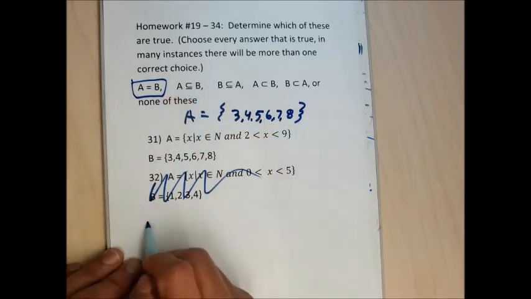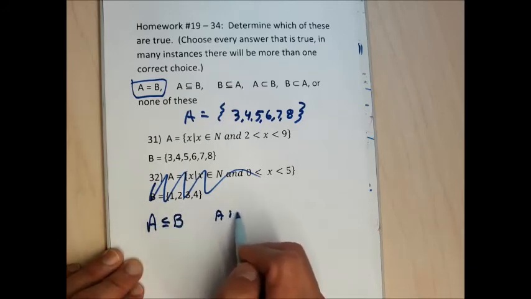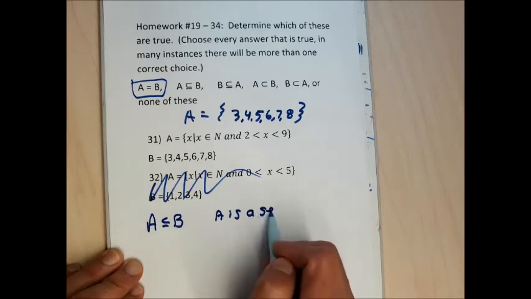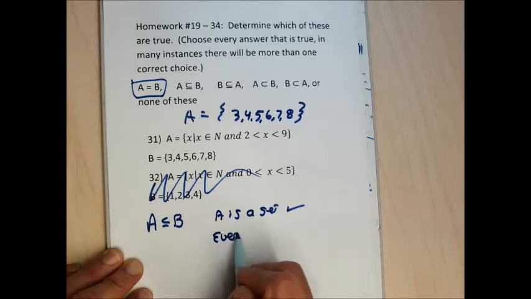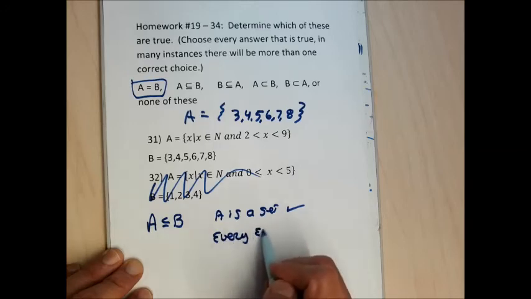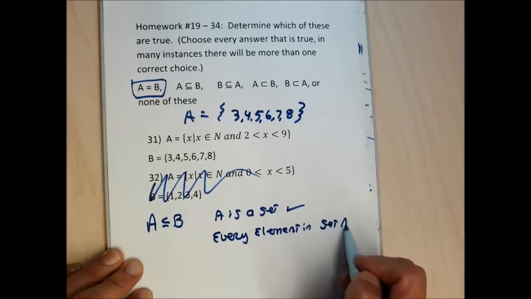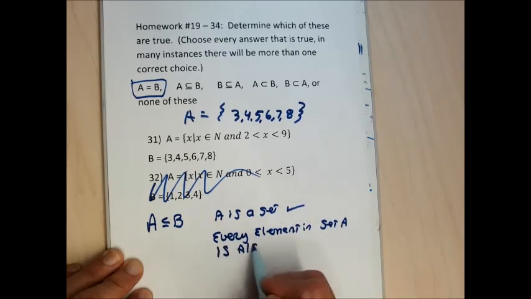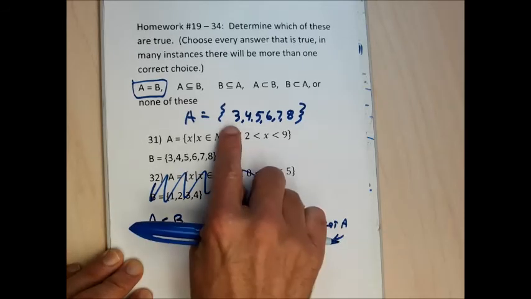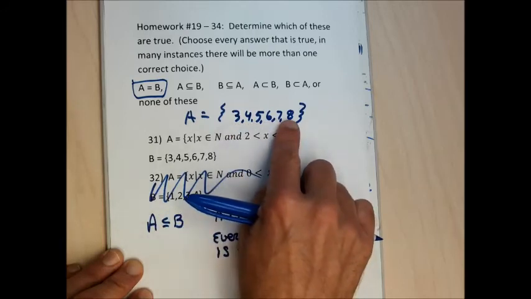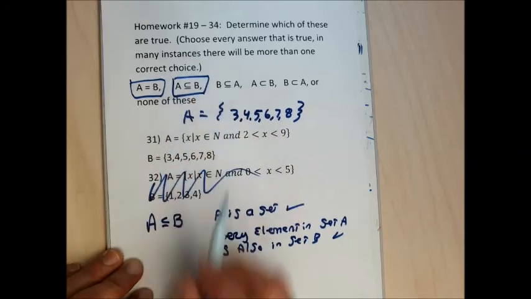Now I'll move on to, is A a subset of B? Well, A is a set. That's true. And every element in set A is also in set B. That's also going to be true because every element, 3, 4, 5, 6, 7, and 8 in set A are also in set B. So this is absolutely a subset.